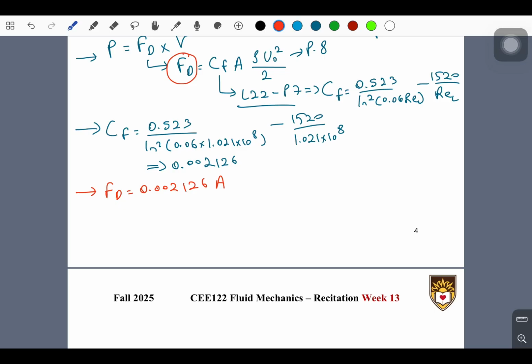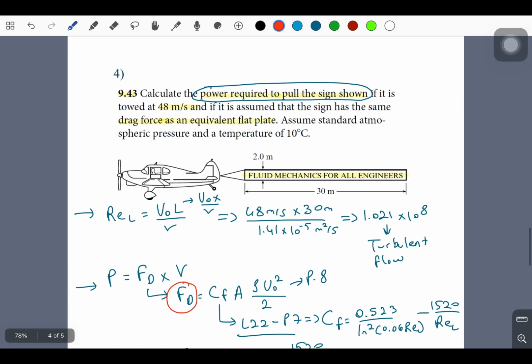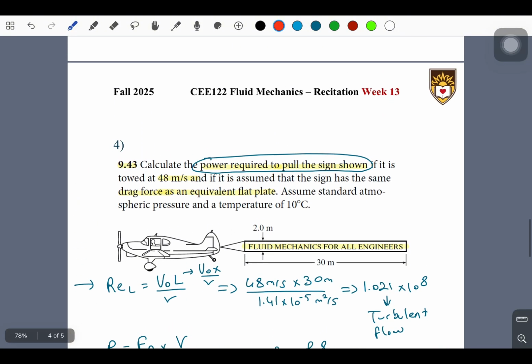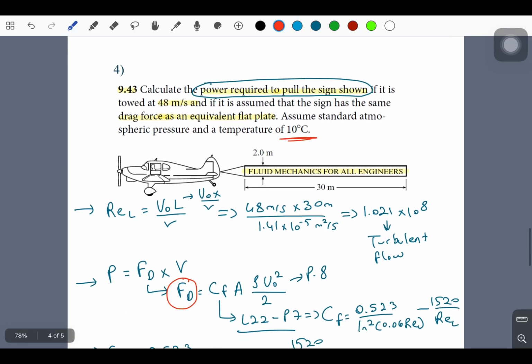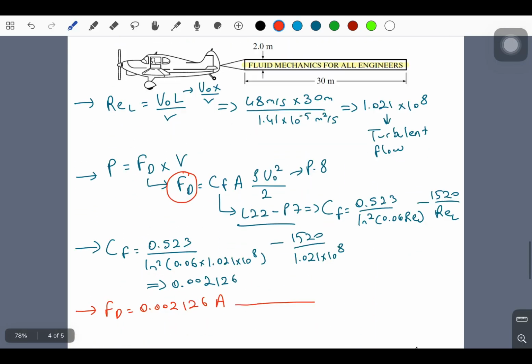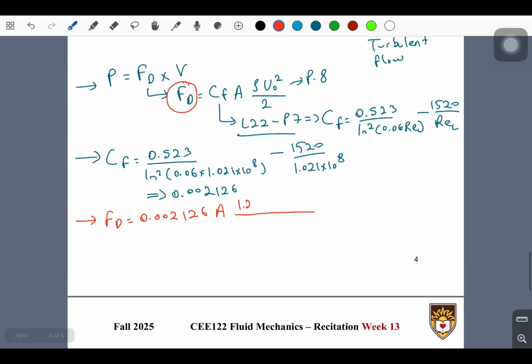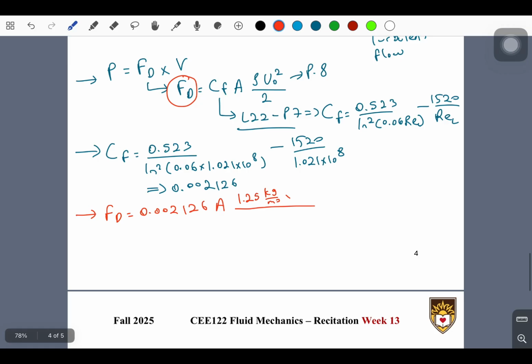I will talk about it later. And we have density, which is also not given in the question, but since this is 10 Celsius degrees, you can get this value from tables. So I will directly write 1.25 kilograms per cubic meter and the square of velocity. And it is divided by 2.